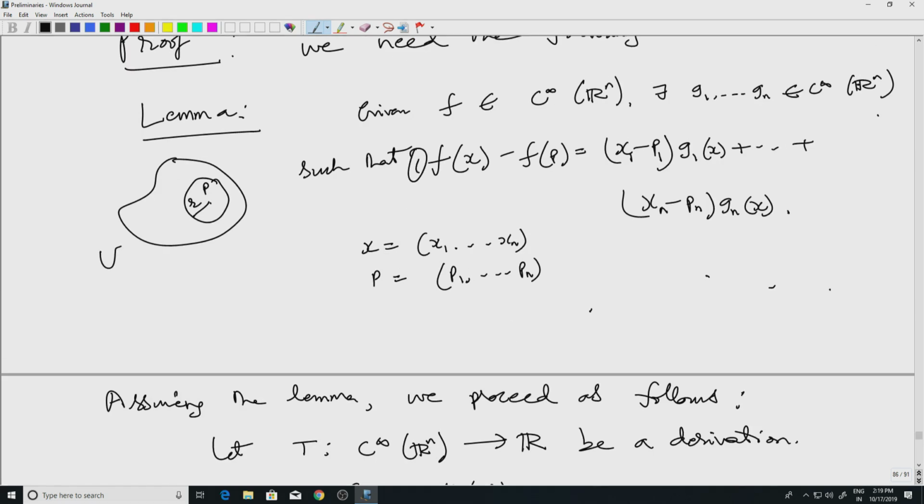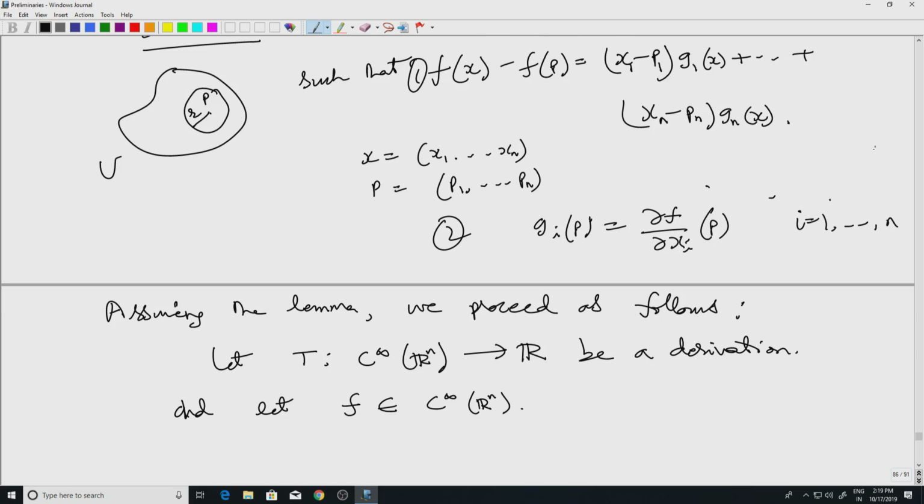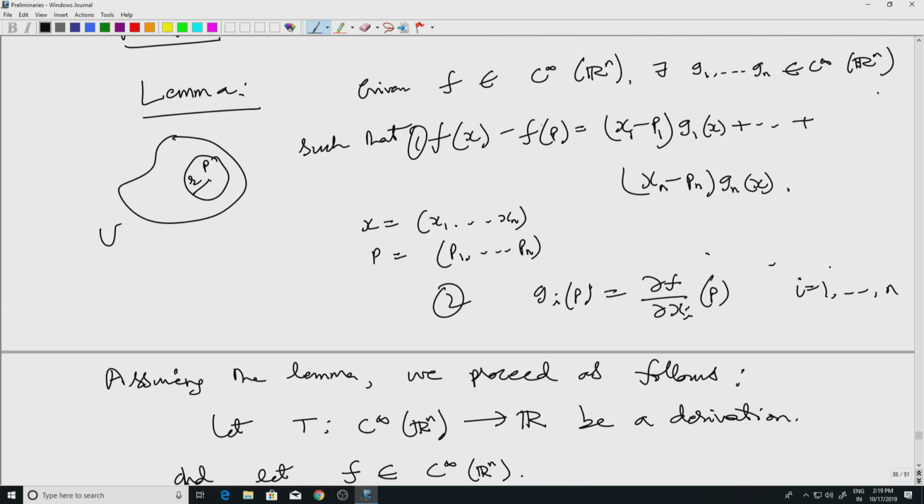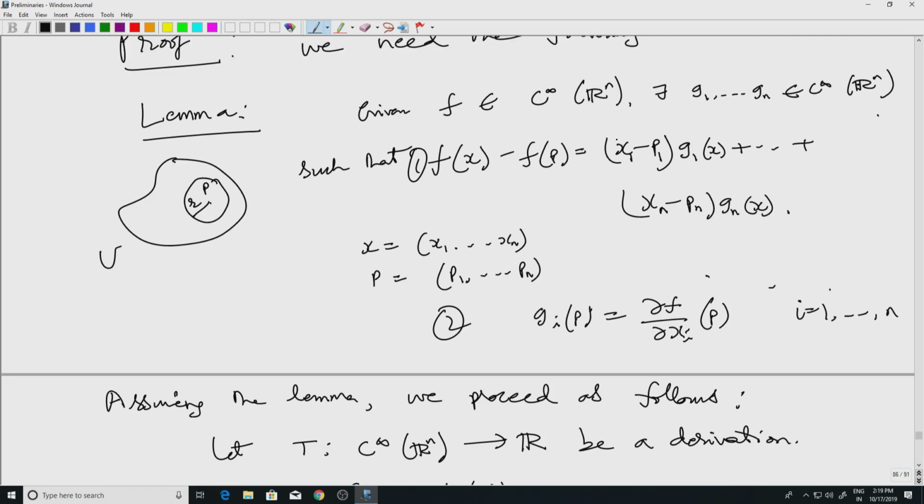One is this, and the second thing is gi(p) is del f by del xi at p for all i. So this is sort of like a Taylor expansion for f around the point p. It's not really the usual notion of Taylor expansion, but something analogous to that. And this is the main property.